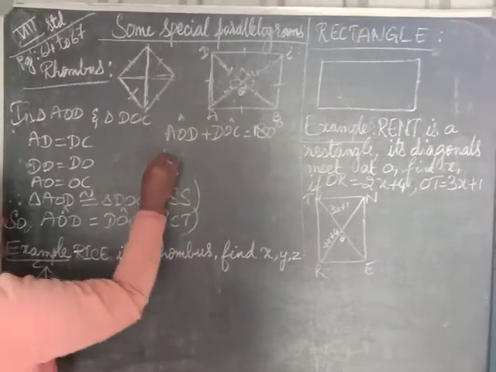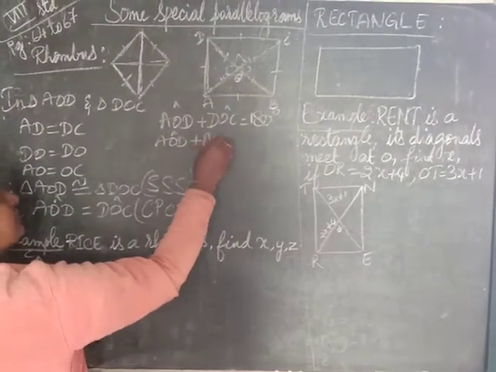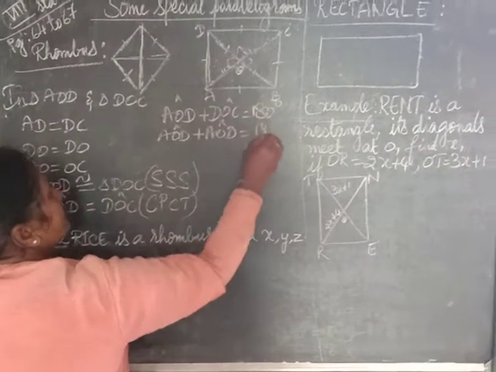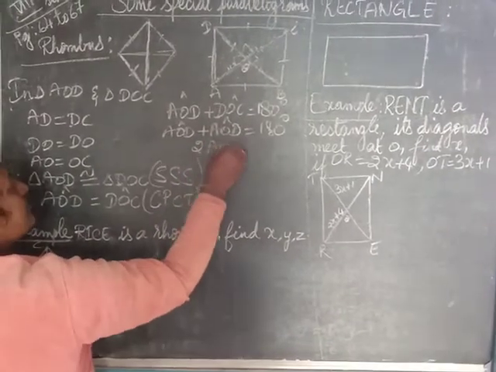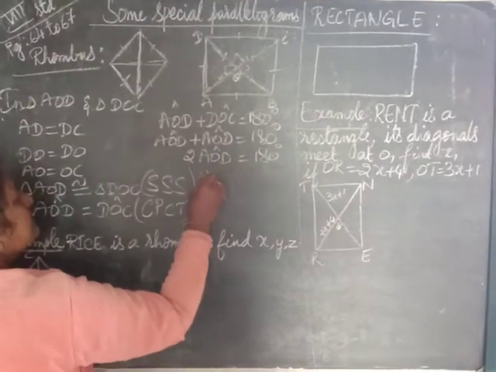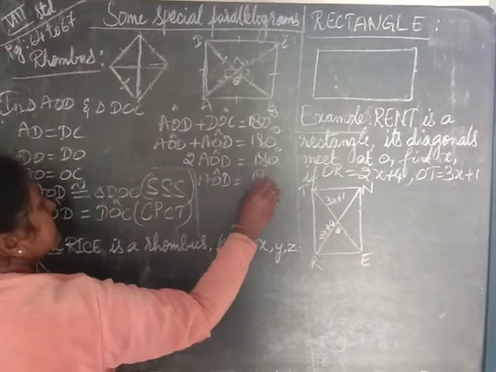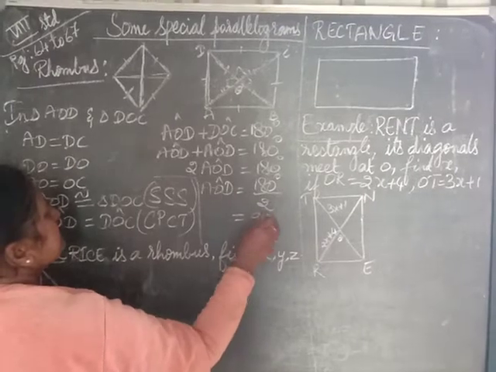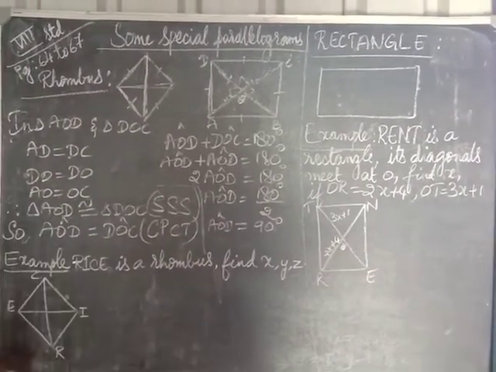Therefore angle AOD plus angle AOD is equal to 180 degrees. Then 2 times AOD is equal to 180 degrees, so AOD is equal to 180 divided by 2, that is 90 degrees. Angle AOD is equal to 90 degrees.